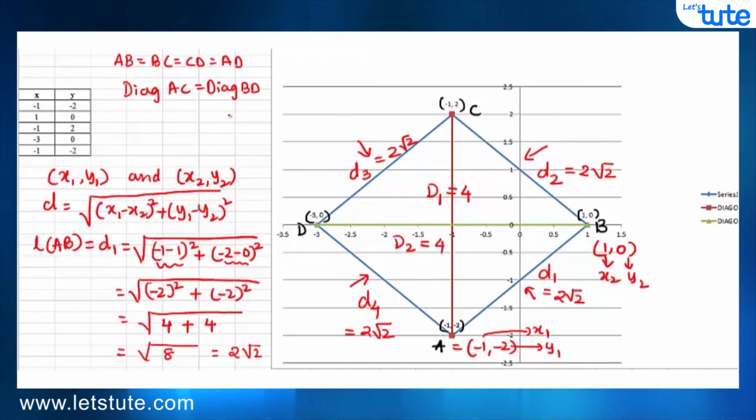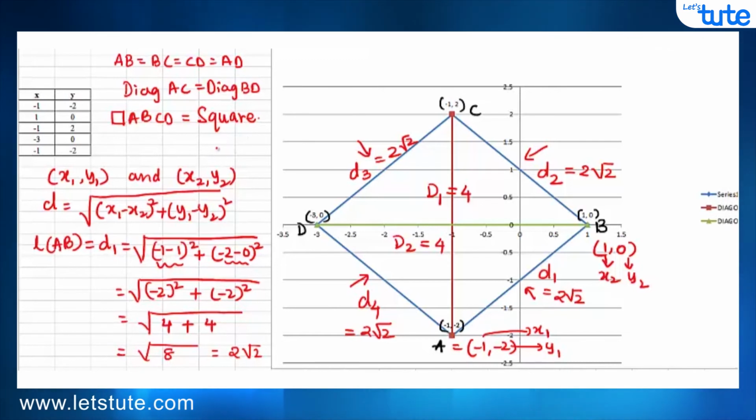Even the lengths of the diagonals are equal. Correct? So from this we can say, mathematically we write it in this way, quadrilateral ABCD is a square. So that's it for this question.